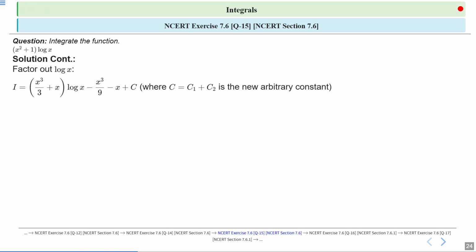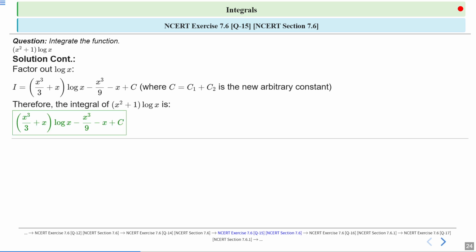Factor out the term of log x and take c as the new arbitrary constant c1 plus c2. Therefore, the value of the integral is (x cube by 3 plus x) into log x minus x cube by 9 minus x plus constant of integration.